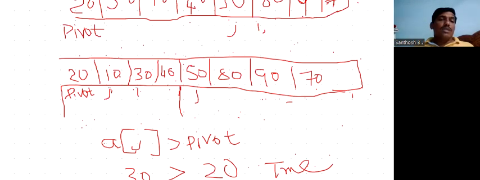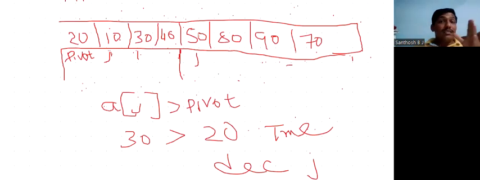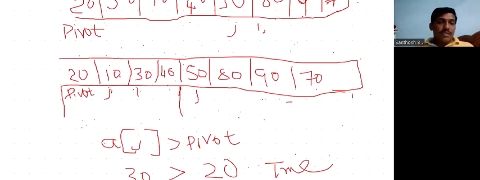So now what is the condition? j crosses I. If j crosses I, you swap A of j with the pivot value. Now we move on to that. Come to the pivot, where 10 comes to here and 20 comes to here. Swap A of j and the pivot value.